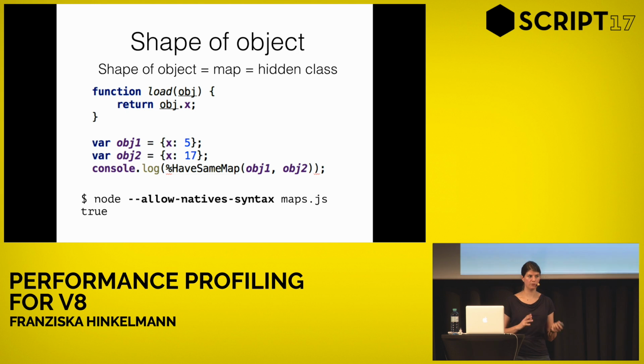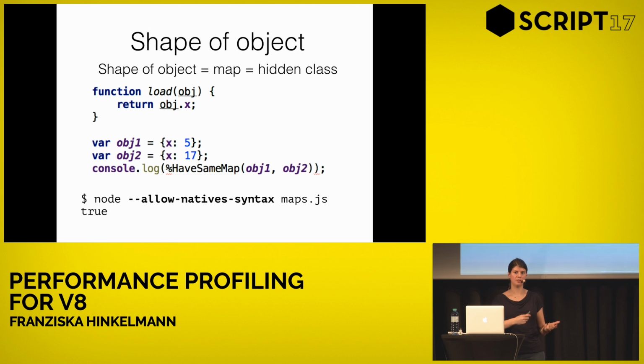If you ever want to dig into those little details, you can figure out if two things have the same map. You can use an intrinsic, or internal function as we call them, %HaveSameMap. Just take two objects, put them in HaveSameMap, and it'll be true or false. HaveSameMap here obviously is not regular JavaScript, and you see I'm calling it with a % sign in front.